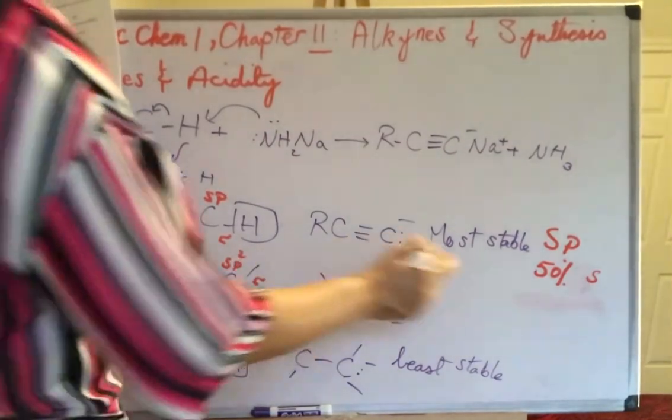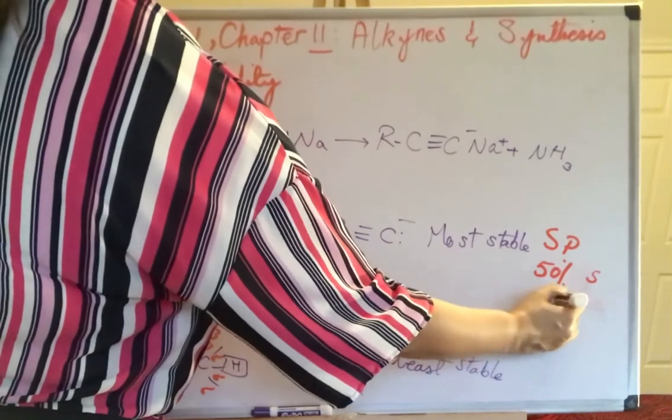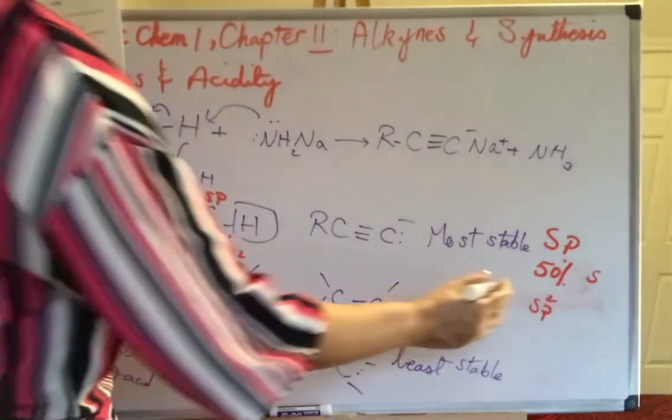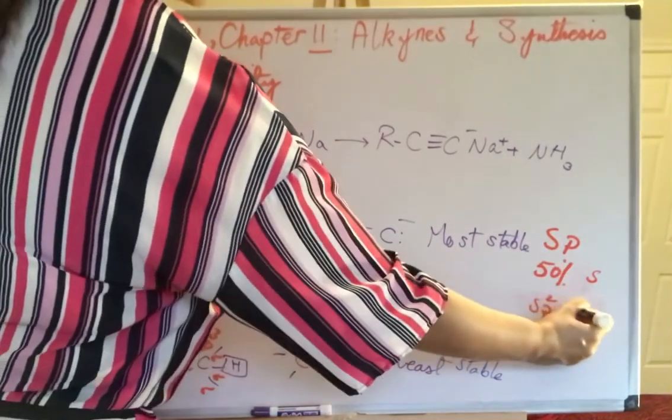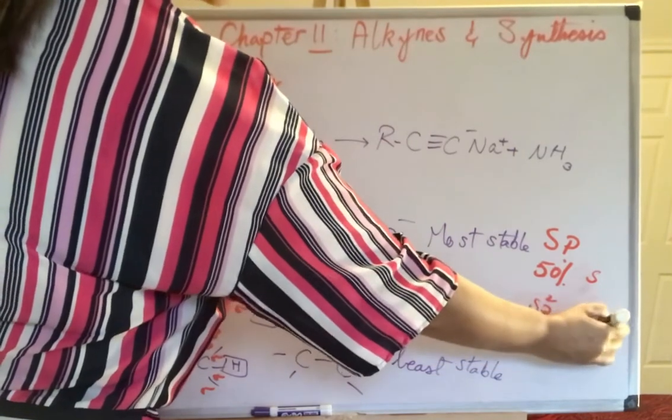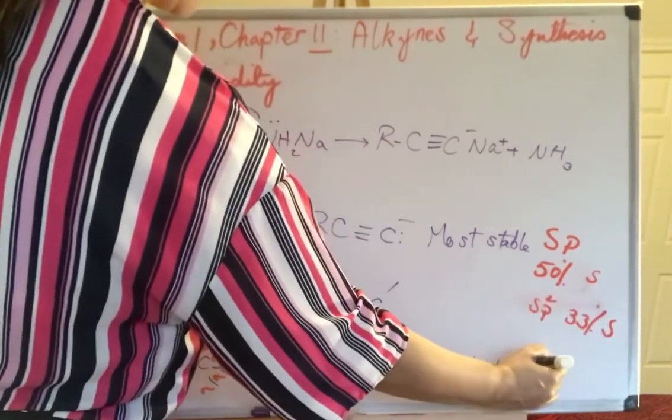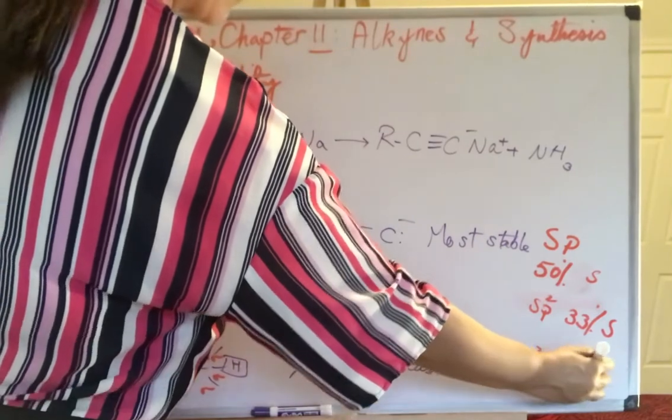Here in sp2, the percentage of S is 33%, 1 to 2 is 33% S, and in sp3 it's only 25% S.